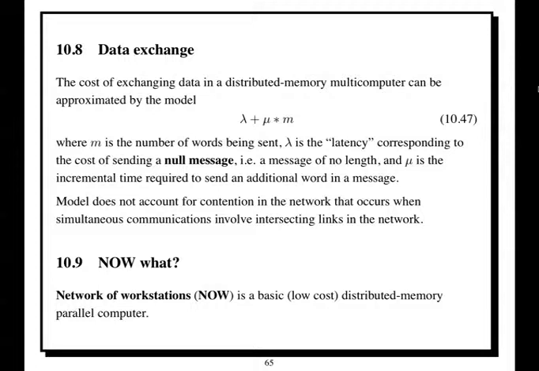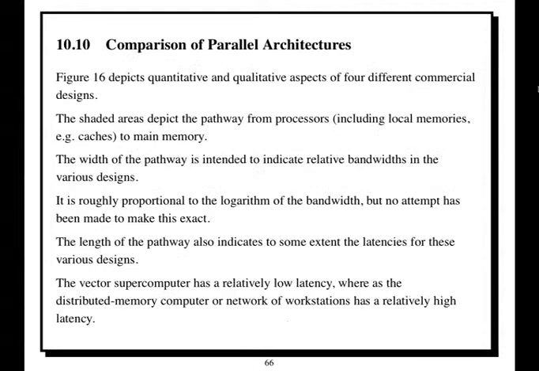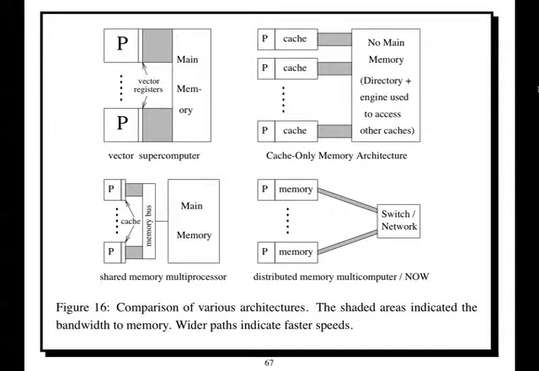Networks of workstations took off with this topology, and became the norm in parallel computing up until the arrival of GPUs. So with this notation, you can start to compare and contrast different architectures.